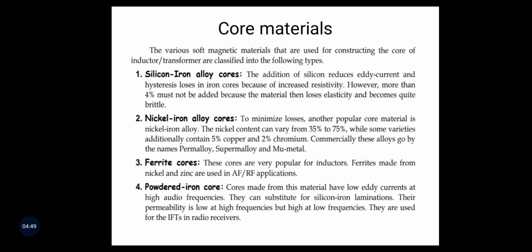These can substitute for silicon iron laminations. Their permeability is low at high frequencies but high at low frequencies. These are used for IFTs in radio receivers.